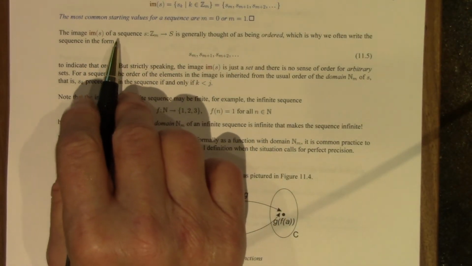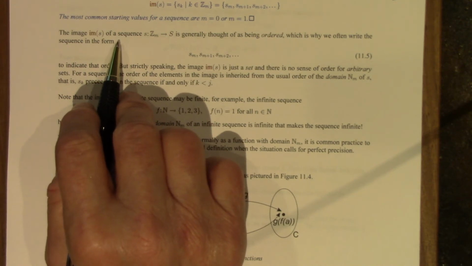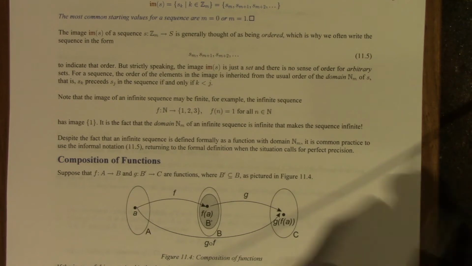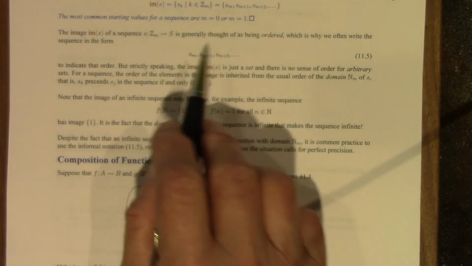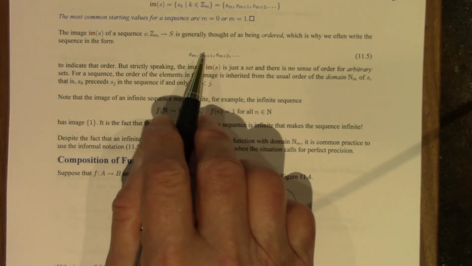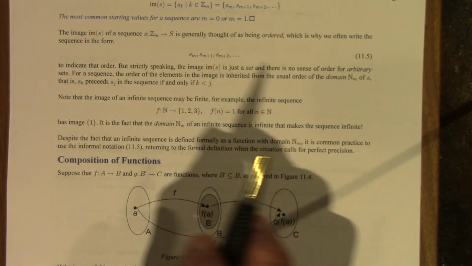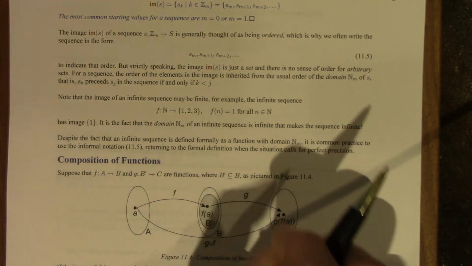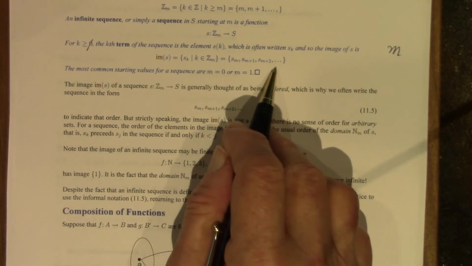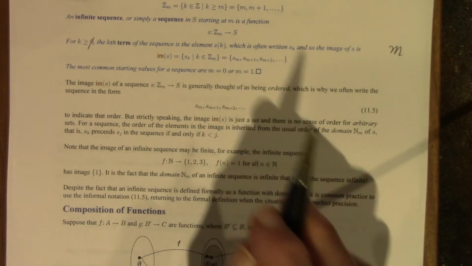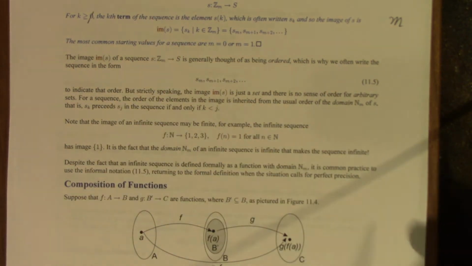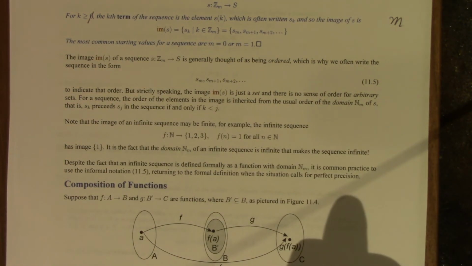Now, the image of a sequence is generally thought of as being ordered. Sequences are thought of as being ordered. And that's why we write something like this. So this is the first element of the sequence, the second element, and so on. But strictly speaking, the image of a function doesn't have any order associated with it. So the order we place on sequences is the order that comes from the domain.